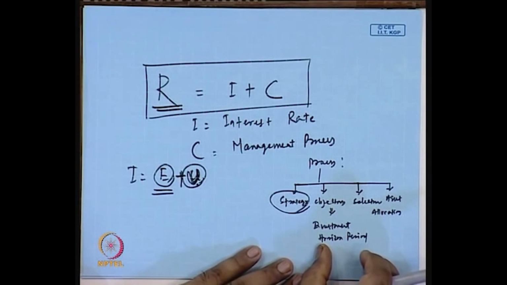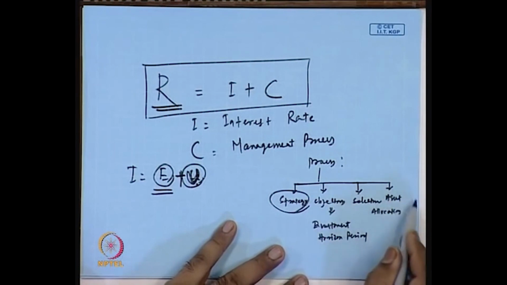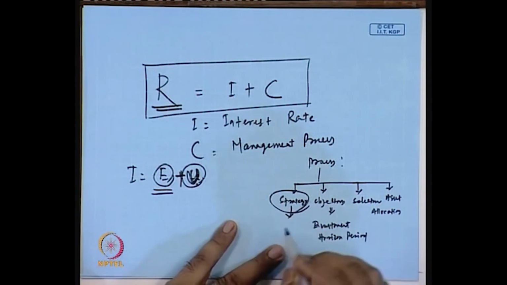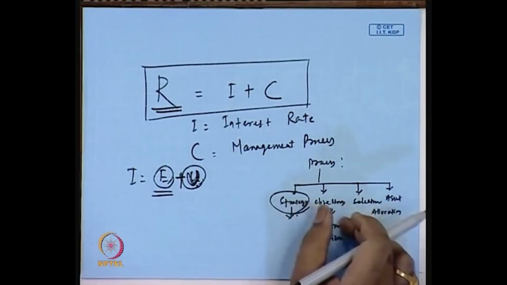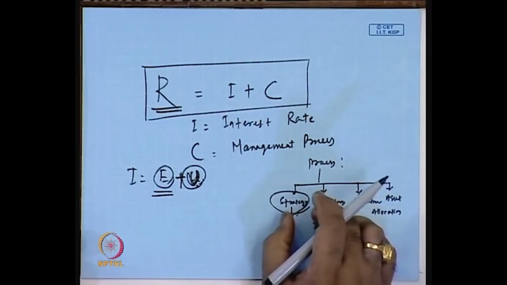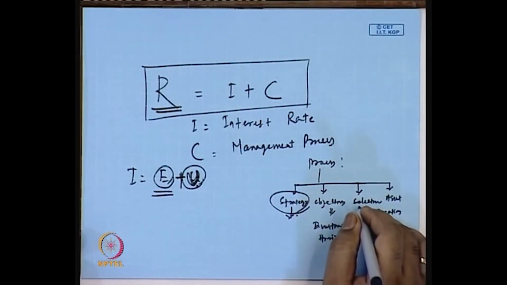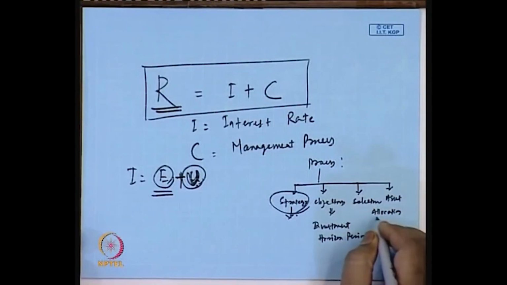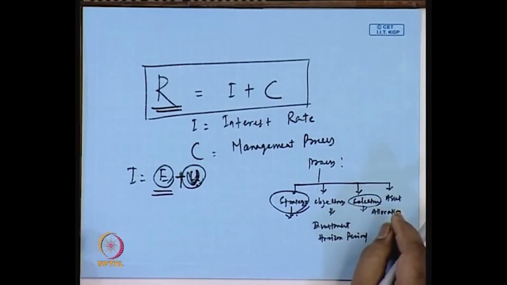Then your S is the return from spread or quality management, which talks about asset allocation and the selection of particular stocks, and also the strategy. Strategy talks about which kind of better strategy you are using to maximize your return at a particular period of time. Then you also have B, which is the return attributable to the selection of specific securities. This talks about the selection of stocks within a particular market.